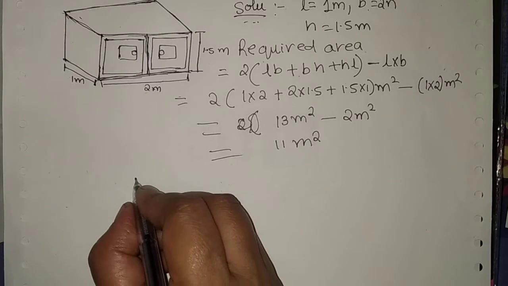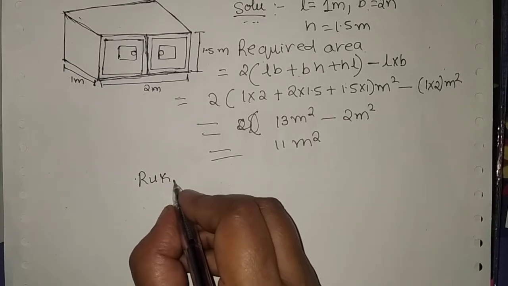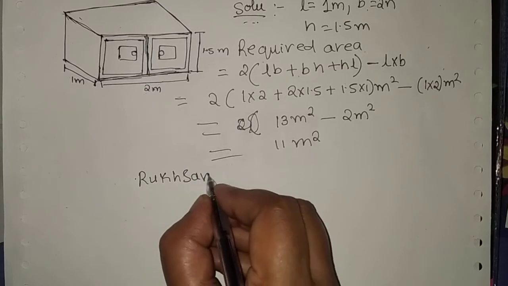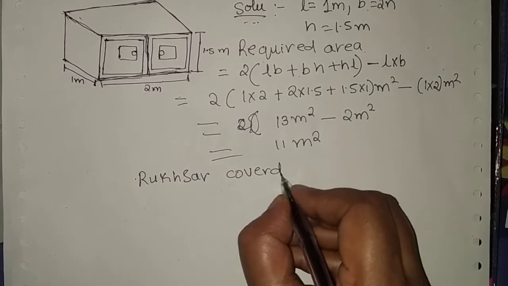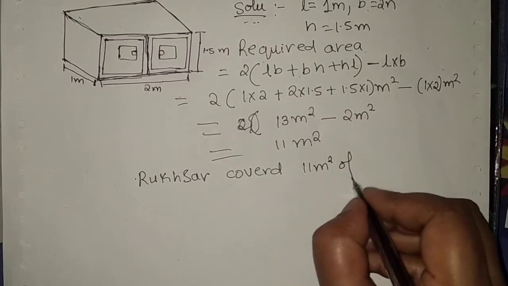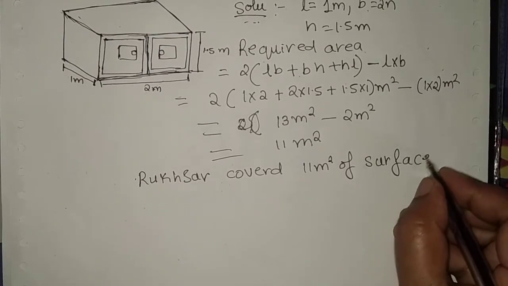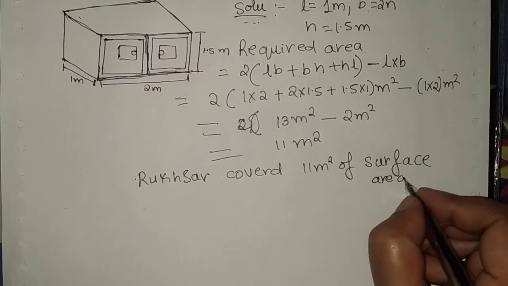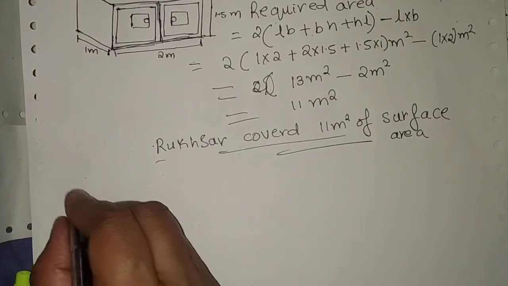So Ruksa covered 11 m square of surface area. So this is the solution. So next we move to the third question.